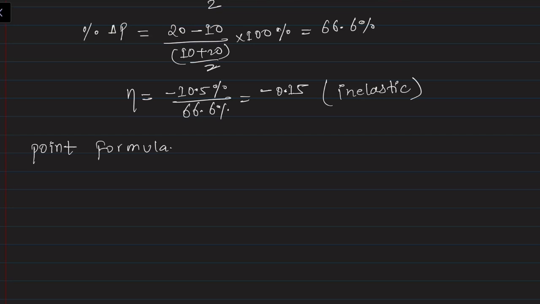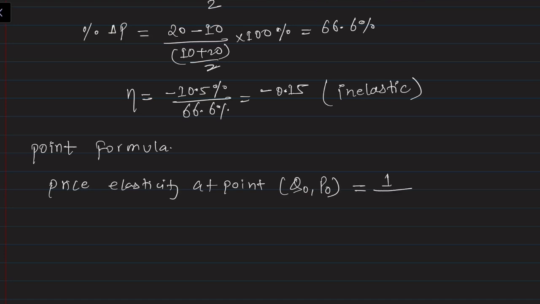So the formula is: price elasticity at point (q naught, p naught) is equal to 1 over slope times p naught over q naught. So it describes the elasticity of a small change around one point.